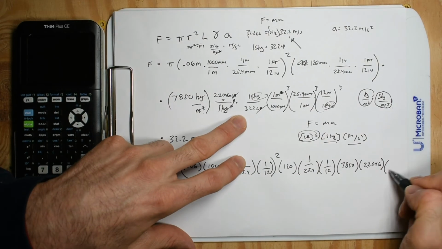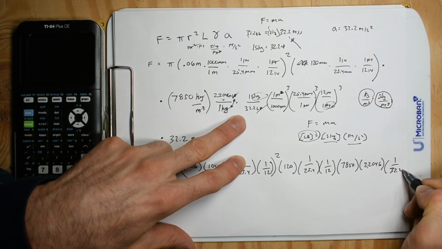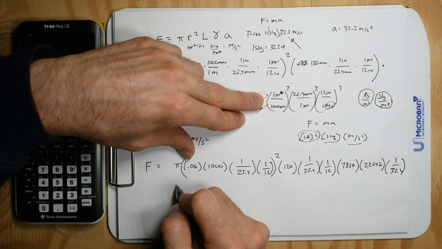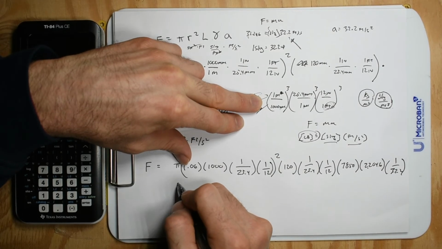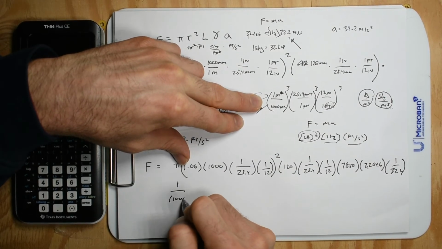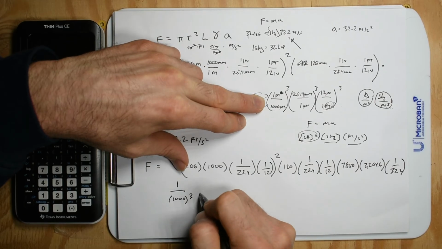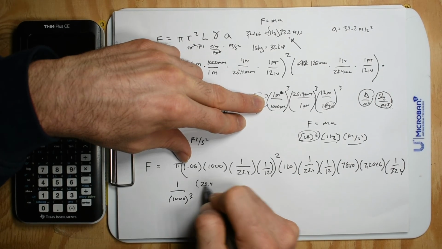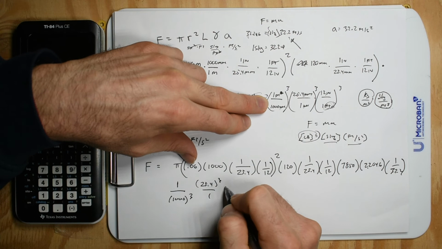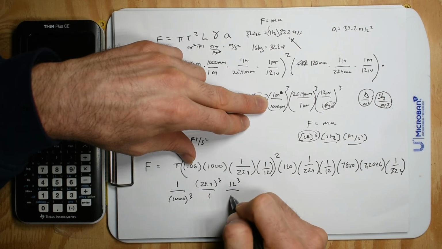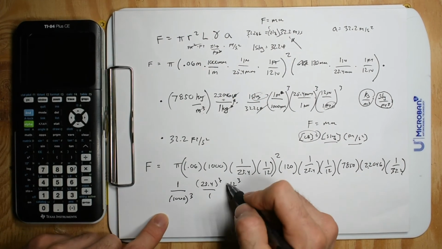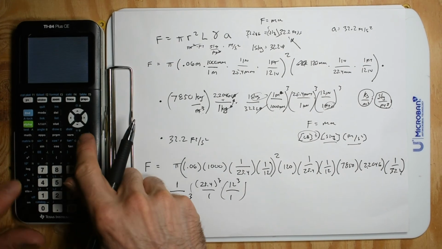Oh, I don't even have room for this. Thought I could get it all in one go. But now you're going to have 1 over 1,000 cubed, 25.4 cubed over 1, 12 cubed over 1, and that's going to do it. Whew! Alright, let's do it.